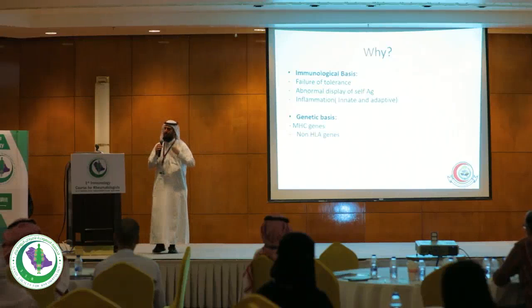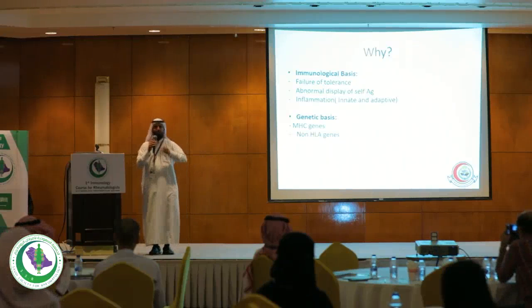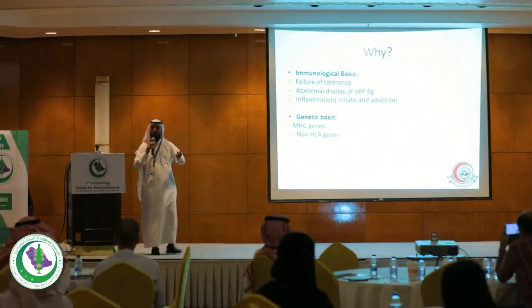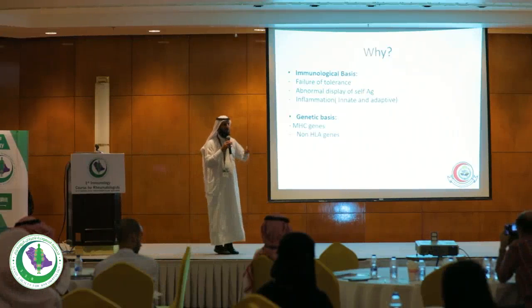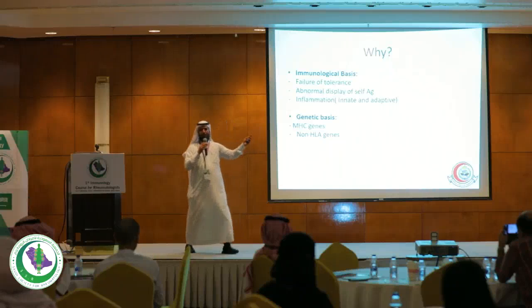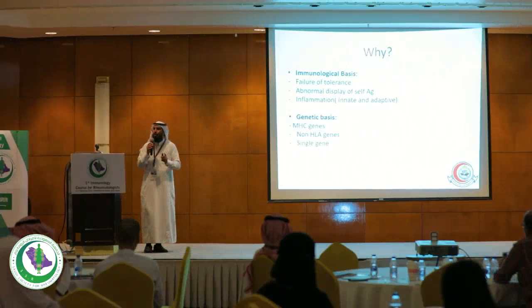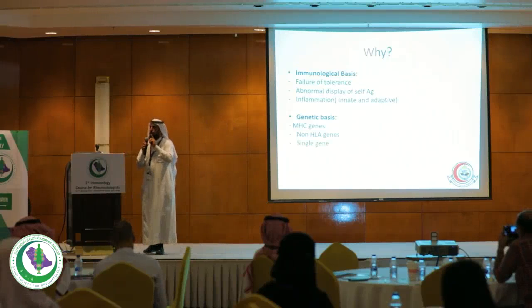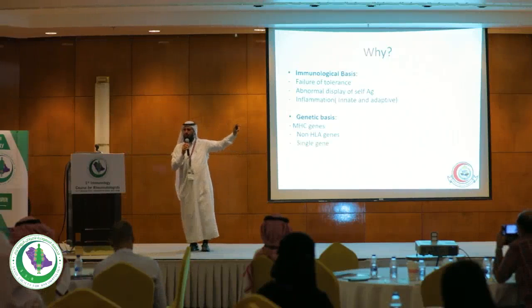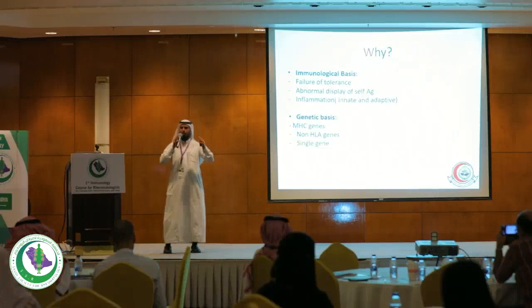Non-HLA genes: could you give us an example of non-HLA gene increase or polymorphism leading to autoimmunity? Yes, we have a lot, and they talk about rheumatoid arthritis, we'll come to them. And we have single genes, only a single gene causing autoimmunity, not only polymorphism, because polymorphism needs multiple genes.